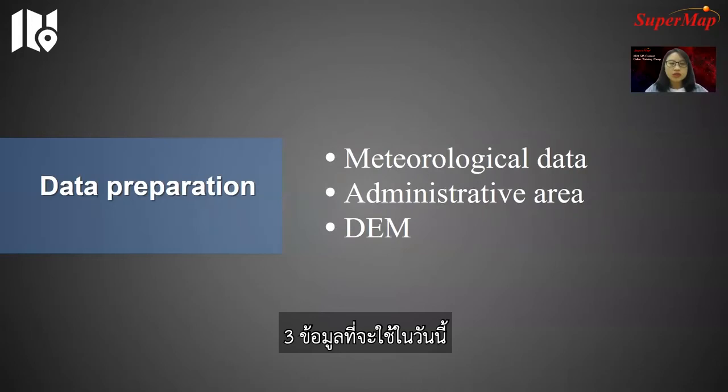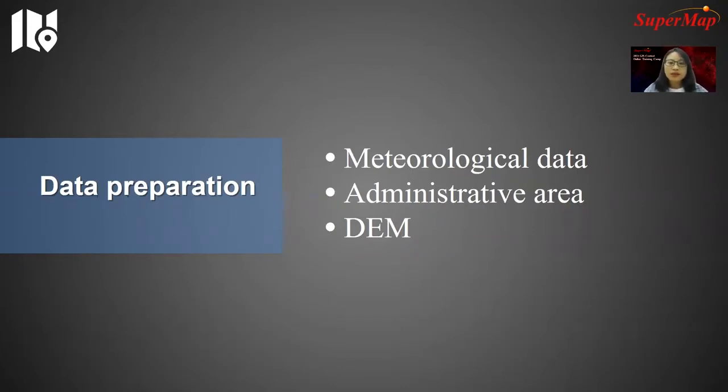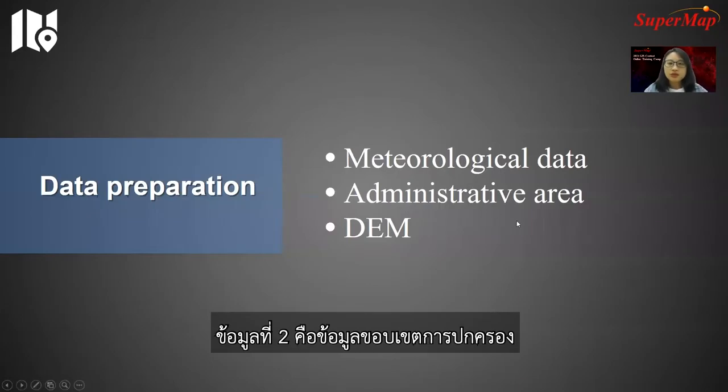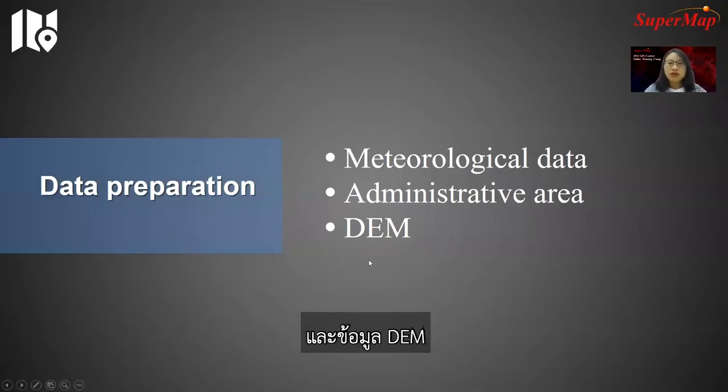Here we need to prepare three data. First one is the meteorological data, which I asked you to download from the NOAA website. And the second one is the administrative data, which was downloaded from the first website I shared with you, and also the DEM data.